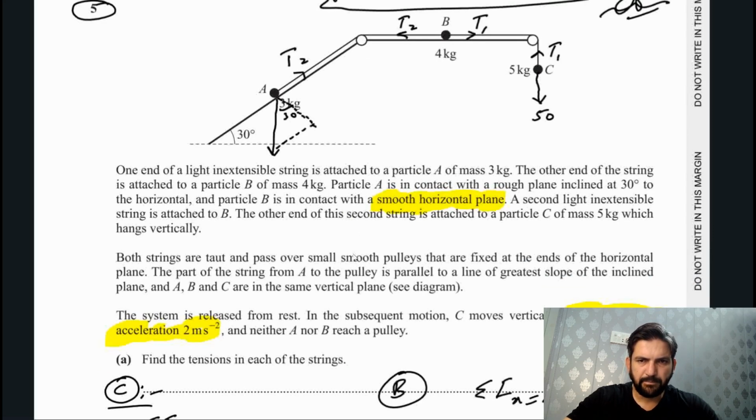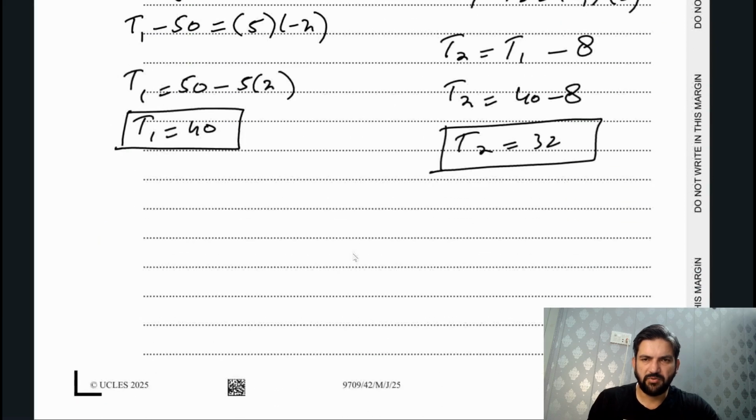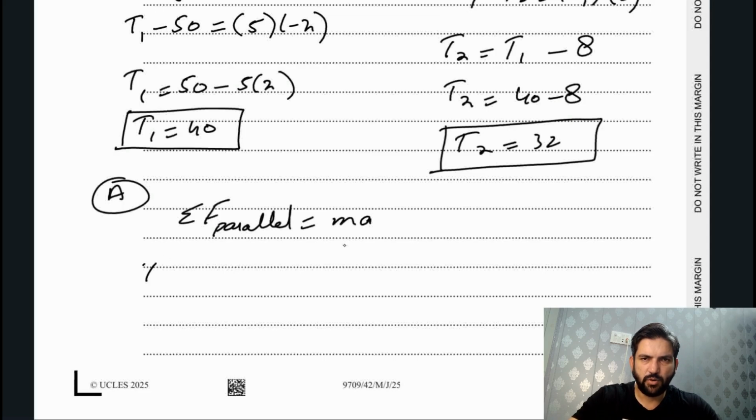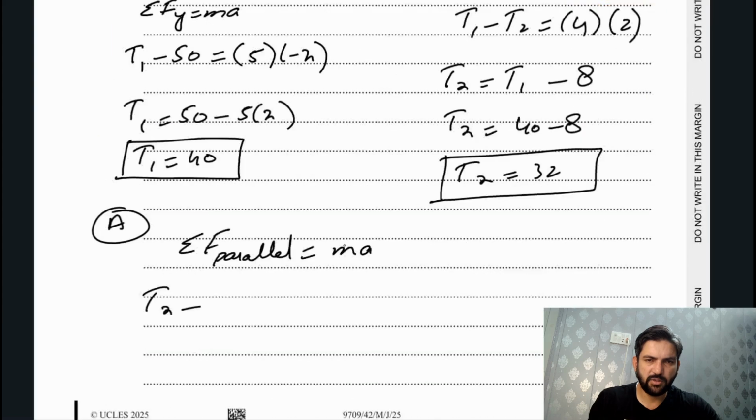So for the components, now we are discussing the particle A. Parallel to the surface, the sum of forces will be equal to ma. So the parallel forces will be T2 minus the component of the weight, W sine of 30.